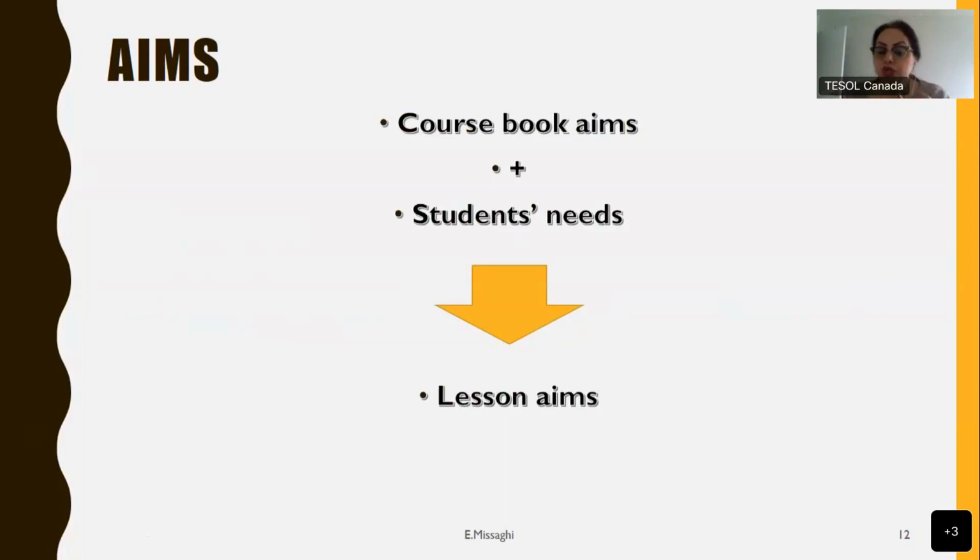But if you work in an institute, college, school, or any organization, you have to follow the rules of that institute, of that place. So you have to teach that coursebook. So before writing your lesson plan, you need to study the material and see what the aim of this coursebook is. So the objective goes to student needs and the coursebook aims.